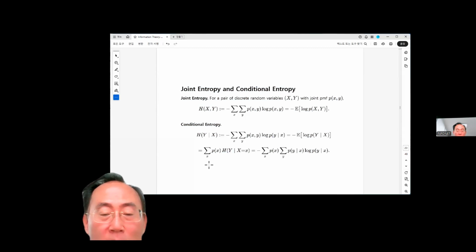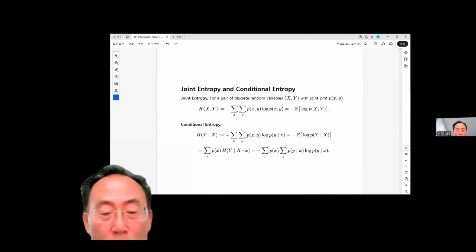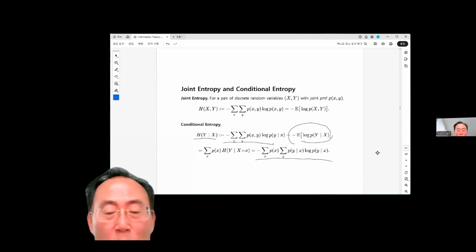Then we finally have this one. So conditional entropy can be calculated this way, or you can understand this with respect to expectation, and then we can calculate with this, or calculate it with this.